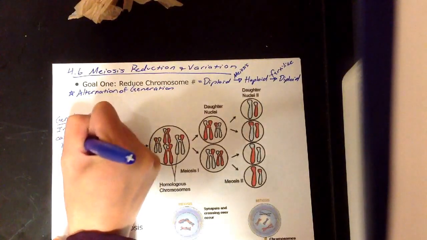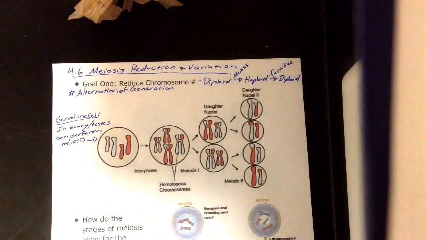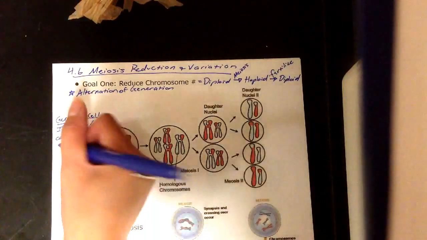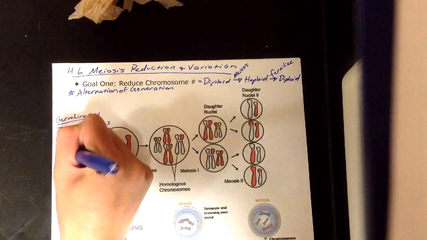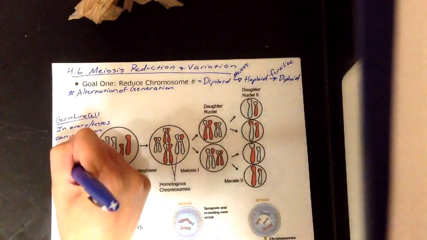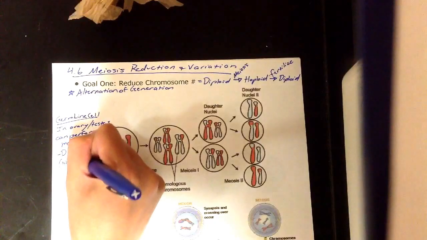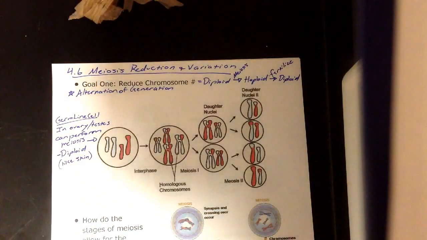We mentioned last time that your stem cells do not go through meiosis. The cells that go through meiosis are called your germline cells. These cells will be diploid when they're starting out, just like your skin cells, hair cells, nail cells, brain cells, that sort of thing.